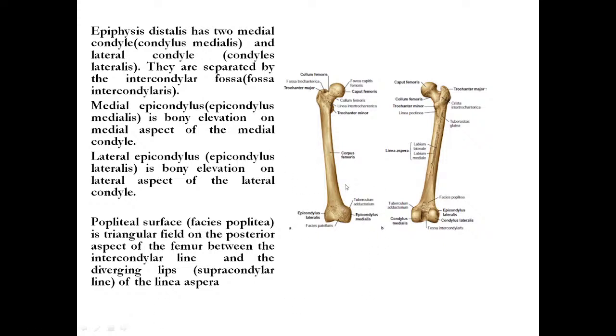Next, the distal epiphysis, epiphysis distalis. It has two condyles: condylus medialis and condylus lateralis. They are separated by the fossa intercondylaris.